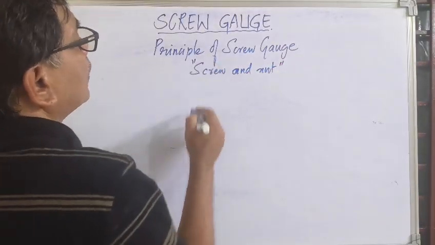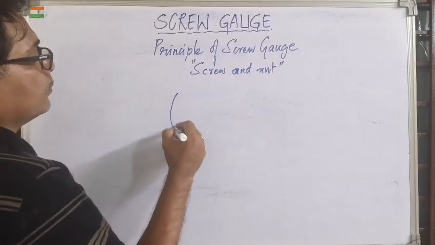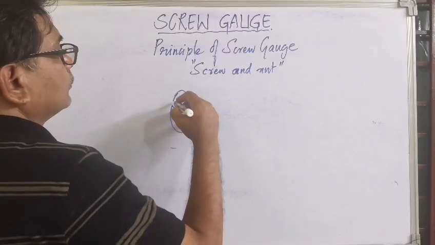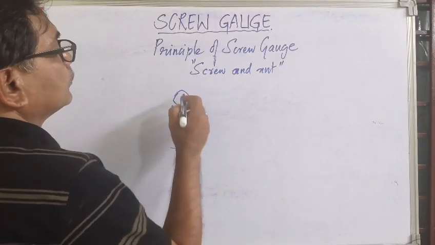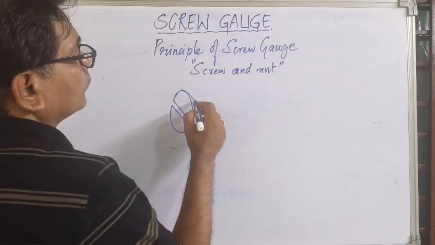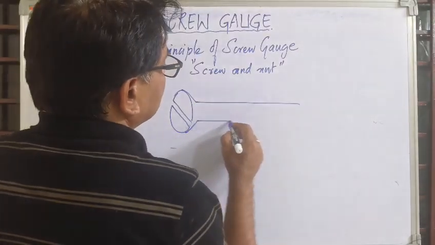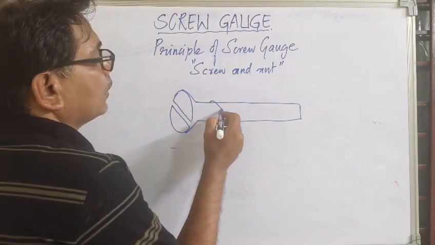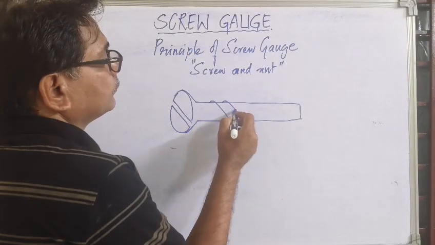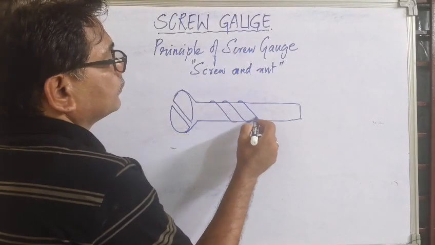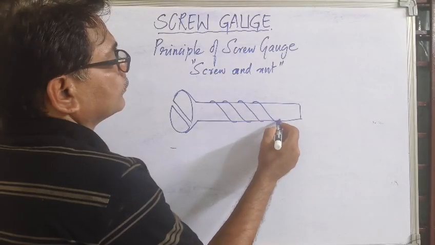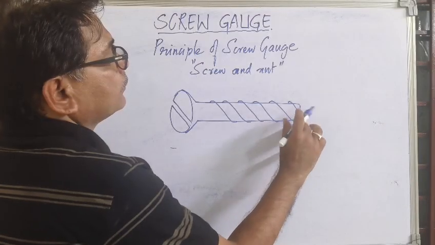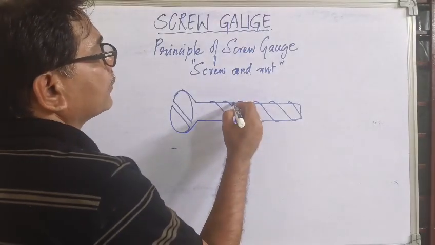Right. What does it mean? Let me draw a screw. Right, screw. These are called helical threads. There is a nut over here.